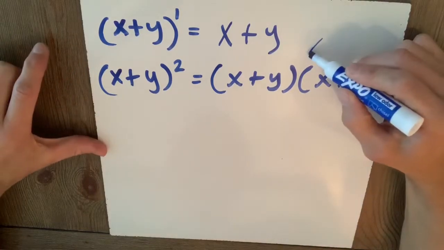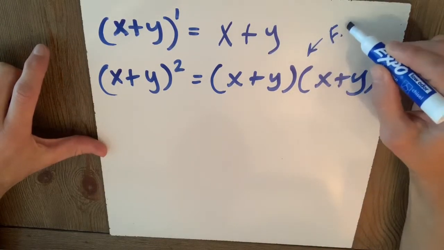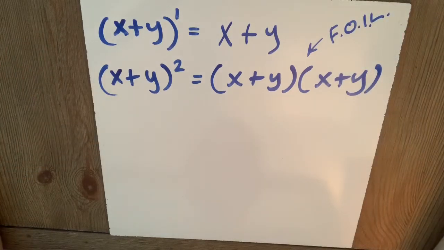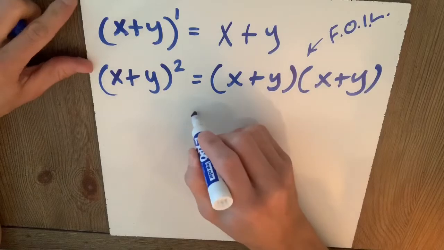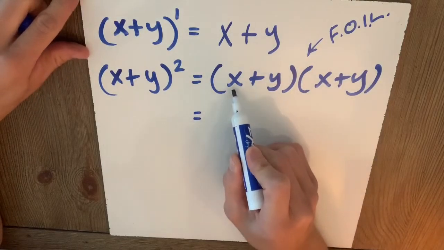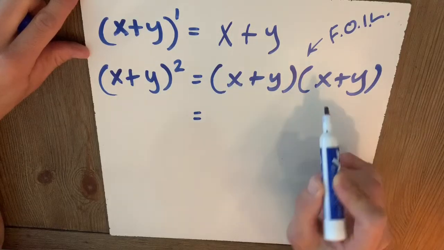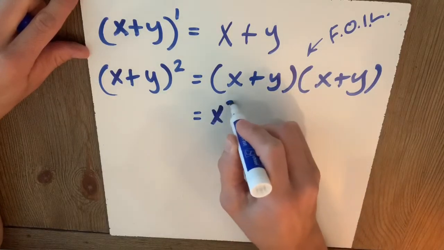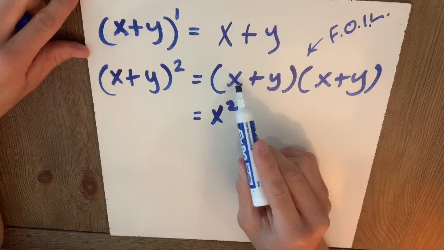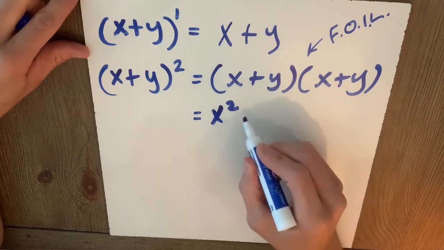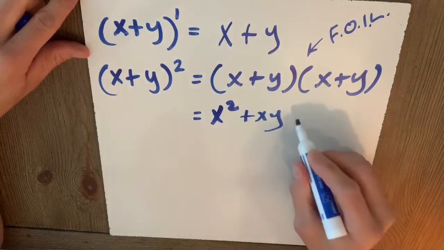Our idea here is that we're going to do first, outer, inner, last, or the famous FOIL from your Algebra 2 days. So when I do first, I do first term of this binomial times first term of this binomial, x squared. Outer, I'm going to multiply the two outer terms of the two different binomials, plus xy.